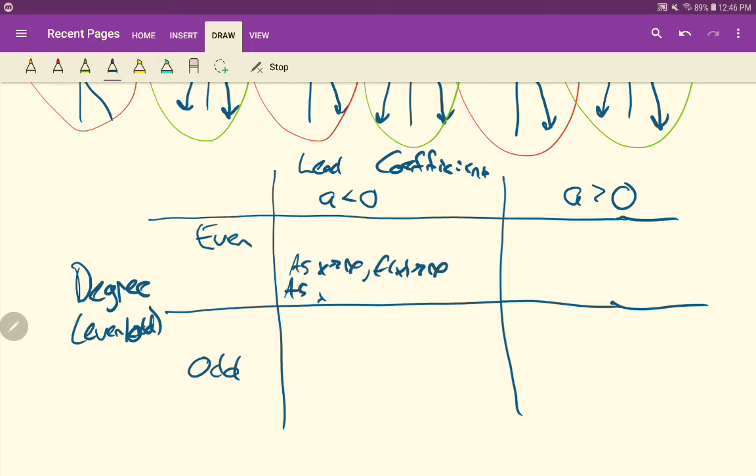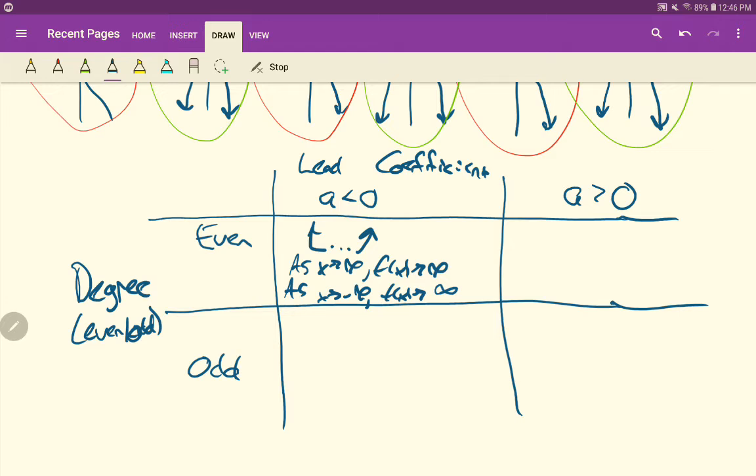And as x goes to negative infinity, f of x also goes to infinity. They both go to infinity. So the end behavior looks something like this. I put little dot dot dots there to indicate that we are not sure what happens in between, but we know for sure what happens at the ends.